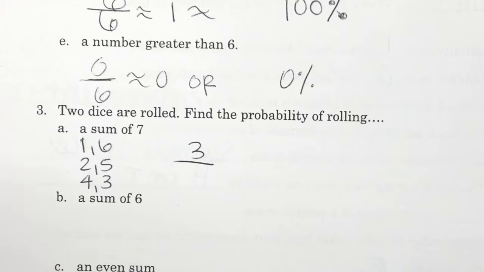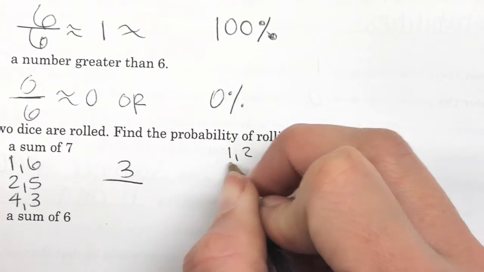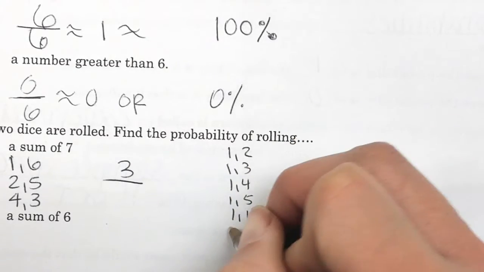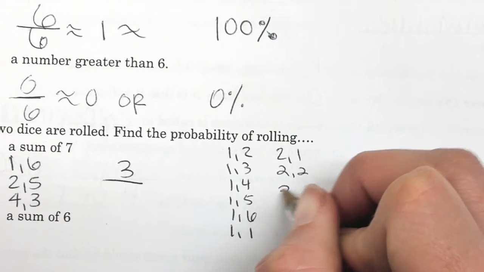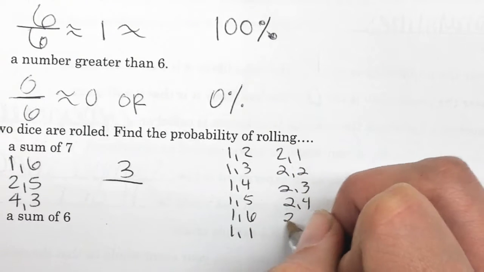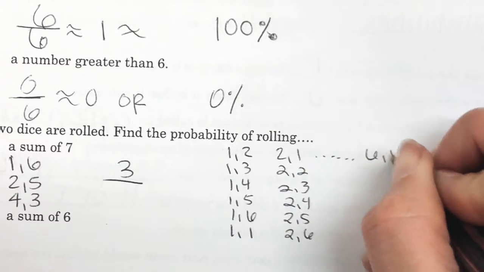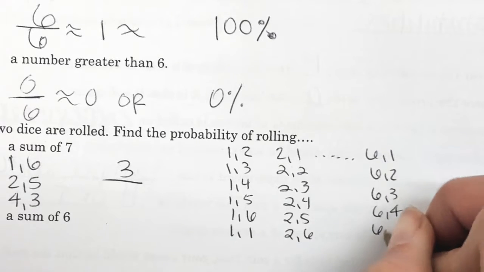And if we want to write them out, I'll write them out quickly over here. If you roll 2 dice, we could get 1 and a 1, 1 and a 2, 1 and 3, 1 and 4, 1 and 5, 1 and 6. I could get 2 and 1, 2 and 2, 2 and 3, 2 and 4, 2 and 5, 2 and 6. And I could go all the way to 6 and 1, 6 and 2, 6 and 3, 6 and 4, 6 and 5, 6 and 6.